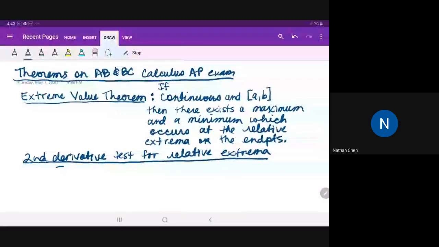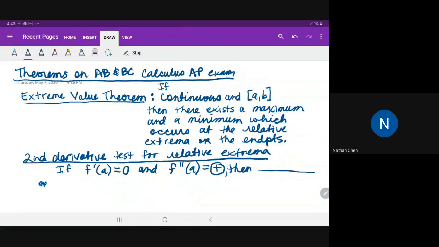It's kind of in the same category. So that's if the derivative at a number is 0 and you know the concavity. If the concavity is positive, then something happens. Or if the derivative at the value is 0 and the concavity is negative, then something different happens.